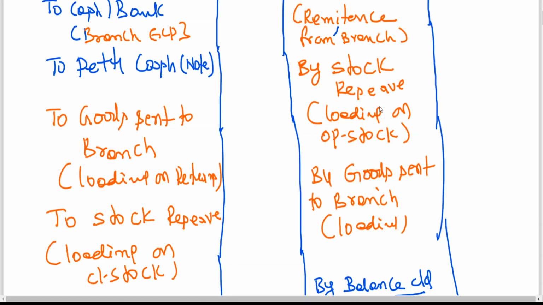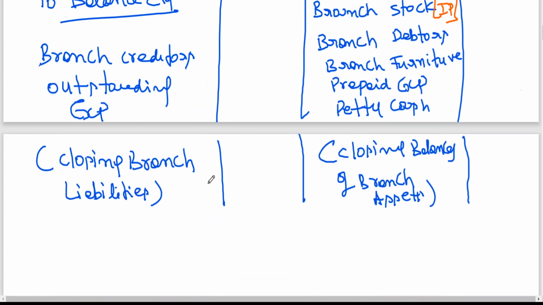Opening stock is on the debit side, loading is on the credit side. Goods sent to branch is on the debit side, loading is on the credit side. Goods returned by branch is on the credit side, loading is on the debit side. Closing stock is on the credit side, loading effect is on the debit side. Now, if the credit side is more, you'll get profit. This profit is transferred to general P&L account.